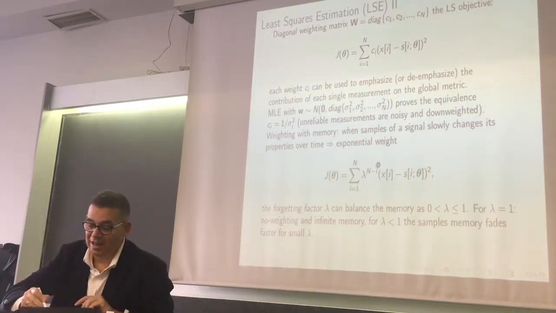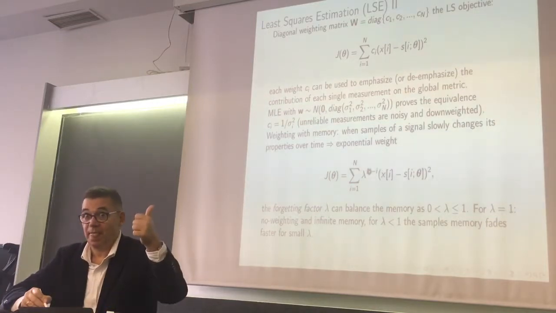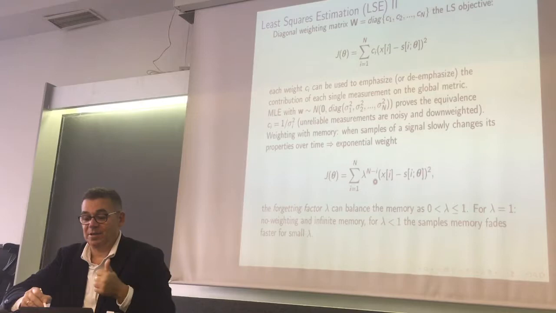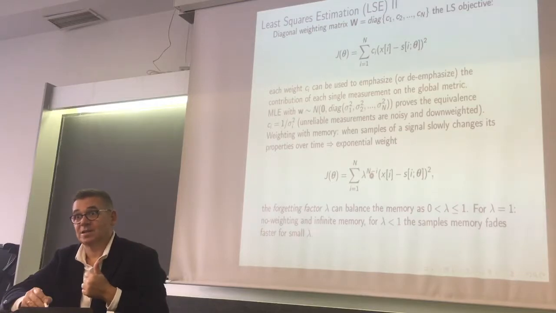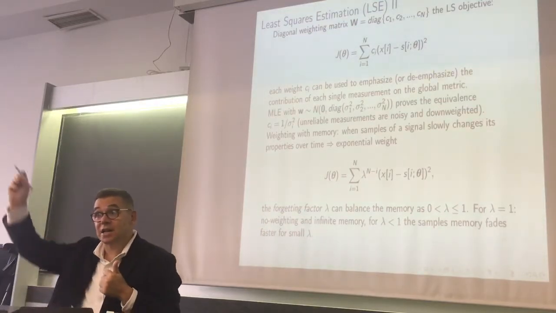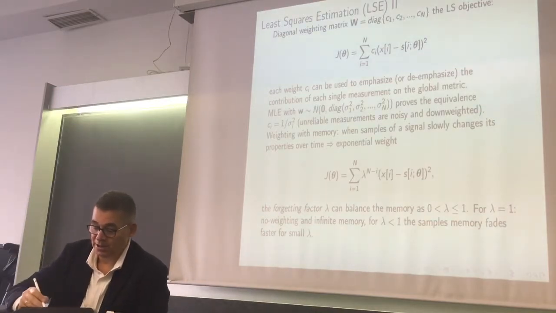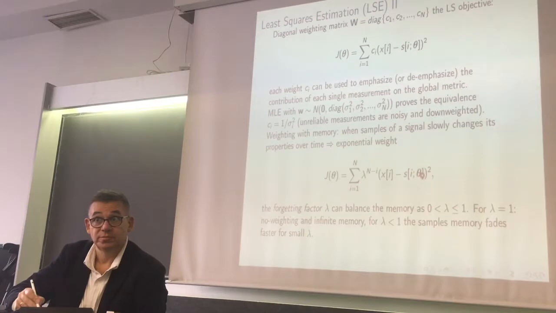When i is equal to n, I have lambda to the power of 0, which is 1. If i is equal to n minus 1, it is lambda to the power of 1. So I'm down weighting starting from n. And this is the usual error squared.